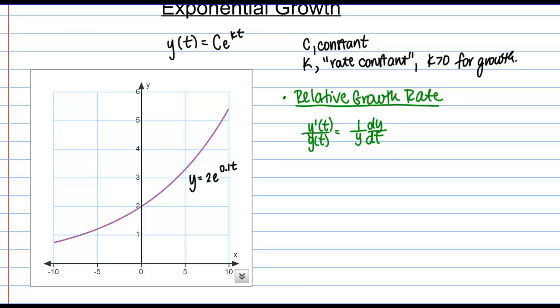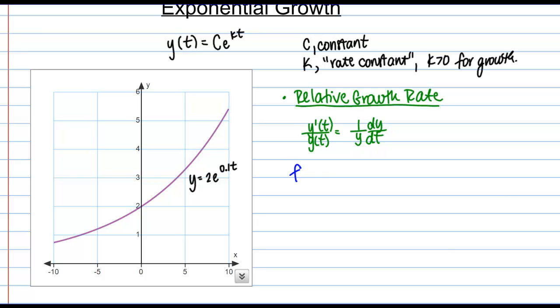So for example, if y is a population, the relative growth rate is the fraction or percentage by which the population grows for each unit of time. So maybe you'd say something like the relative growth rate is 5% per year, or a factor of 1.4 per month.